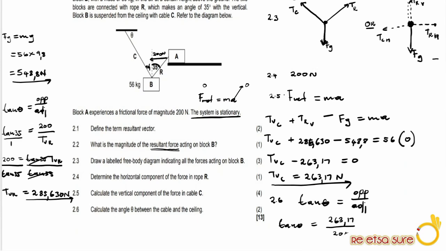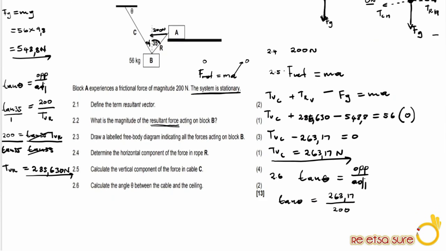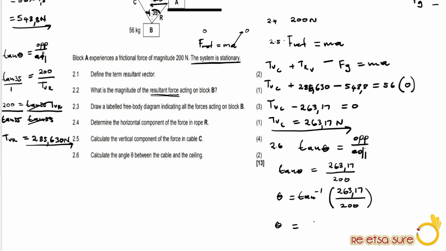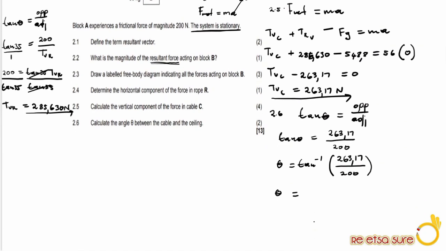So now I must make theta subject of the formula. If I make theta subject of the formula, I'm going to have theta is equal to second function of tan of 263,17 all over 200. And then now let us put everything on our calculator to get the answer.